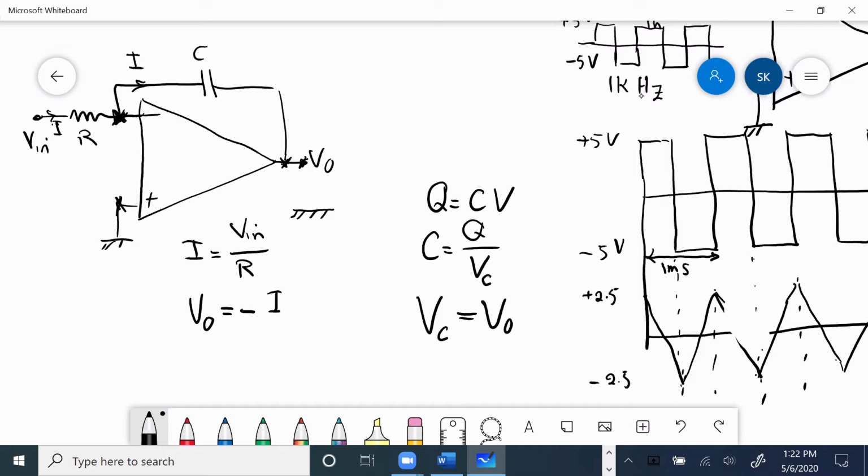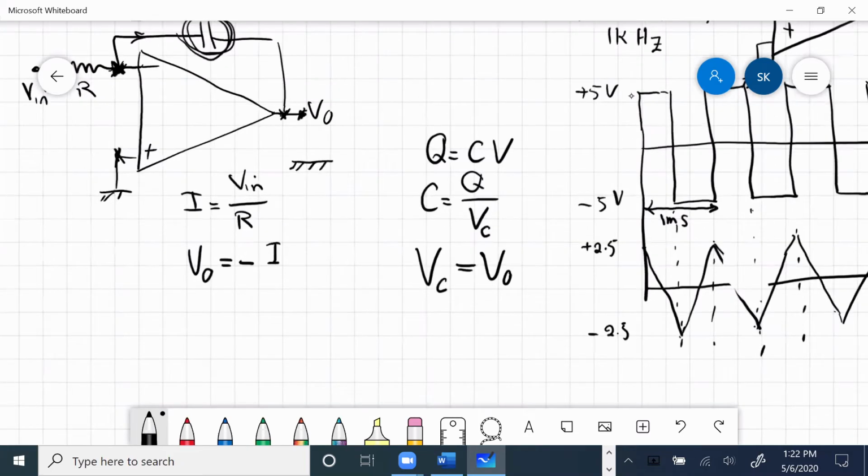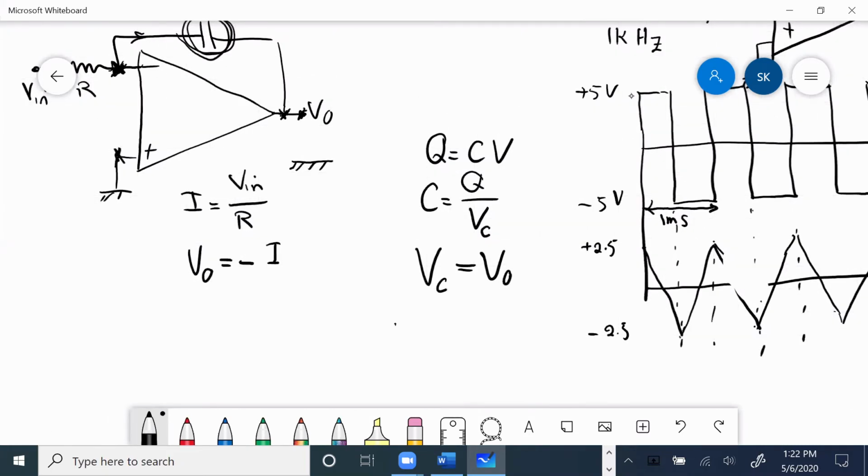That means I am measuring the voltage developed across that C. So VC is V out. Therefore, C equals Q over V out.